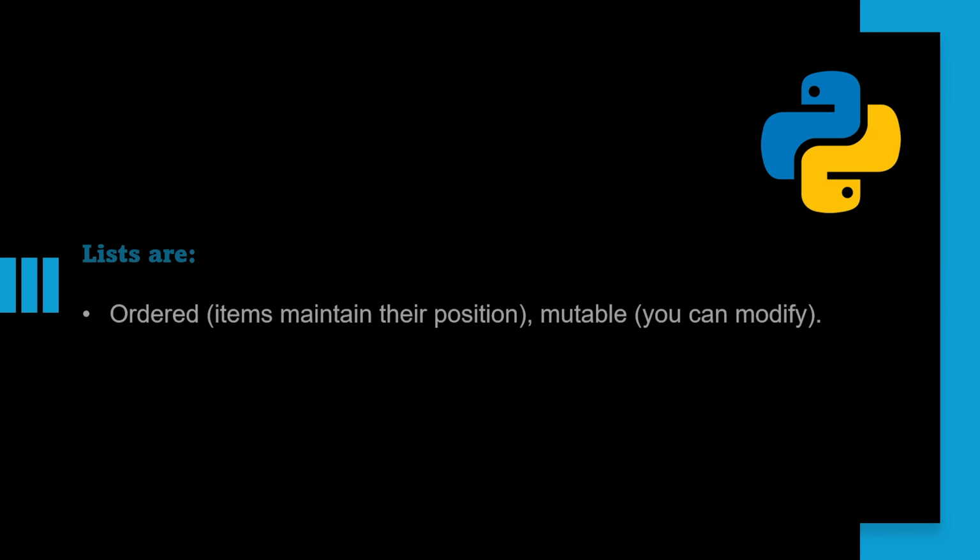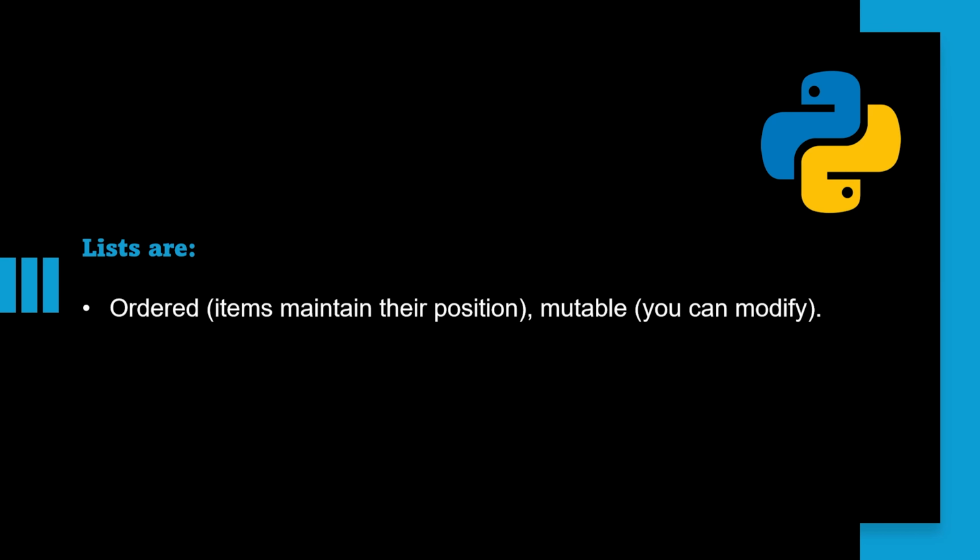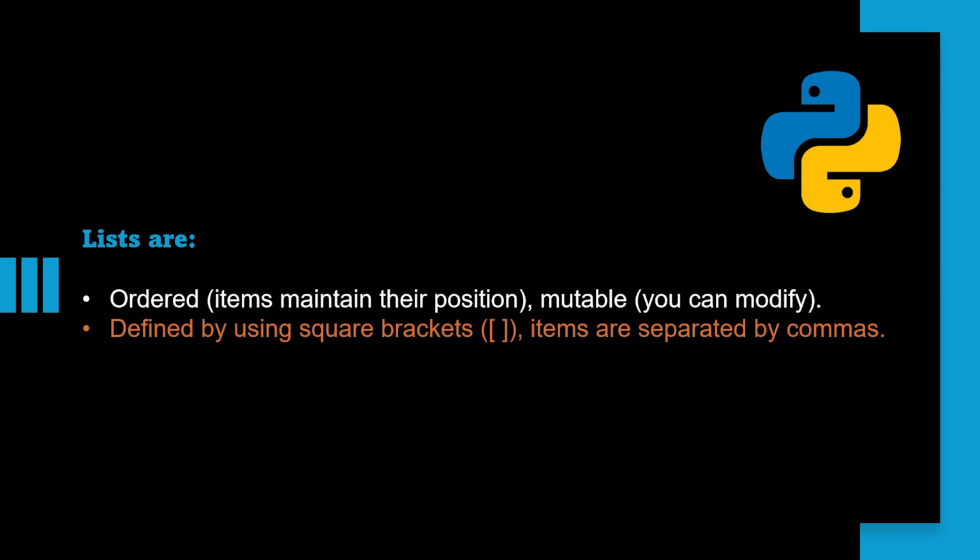So, what exactly is a Python list? Lists are an ordered, mutable collection of items. This means items maintain their position and you can modify lists anytime you want. You can create lists by using square brackets, and items are separated by commas.